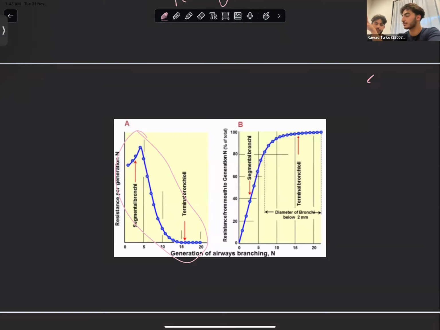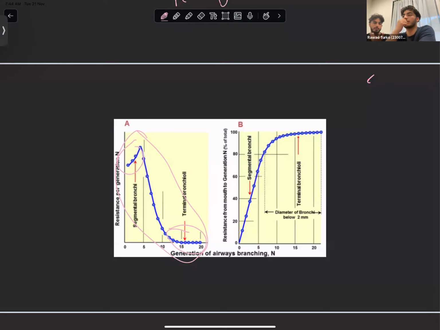Because we have so much surface area, we have a lot of volume in the terminal bronchioles. That means with a huge amount of volume, we don't have a lot of resistance. The resistance is very low over here. The resistance is high only in certain generations, and that is in the first 4 generations, because we have a decrease in the volume. They are very big.